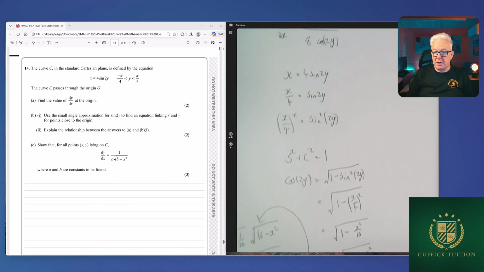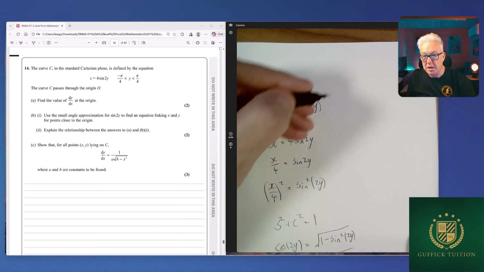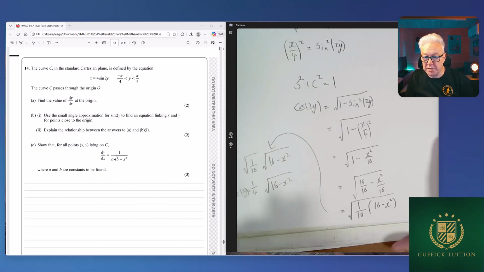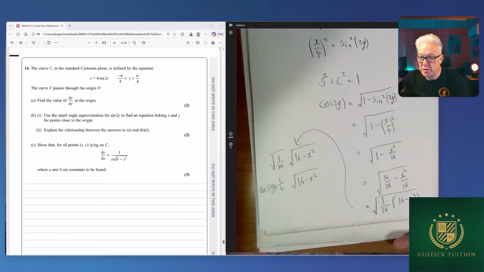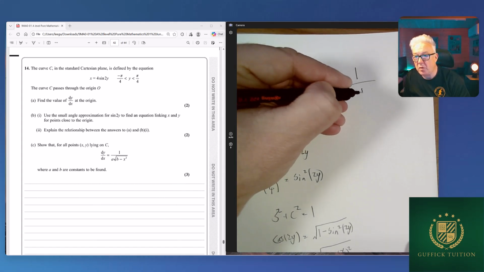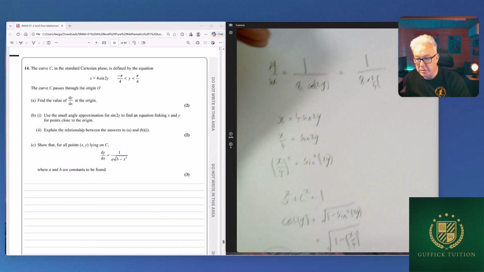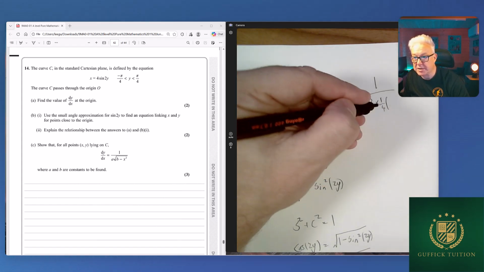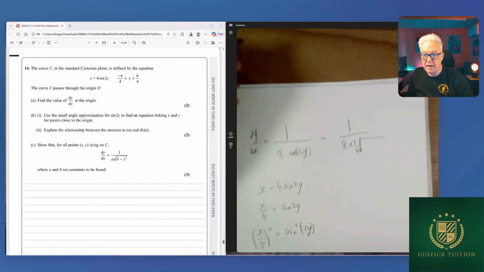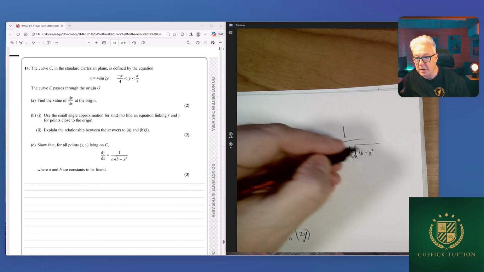Now let's take that cos 2y and put it back into our dy by dx here. So it's going to be 1 over 8 times by our cos 2y, which is a quarter square root of 16 minus x squared. So that's times by 1/4, and it's the square root of 16 minus x squared, with 16 minus x squared inside that square root.